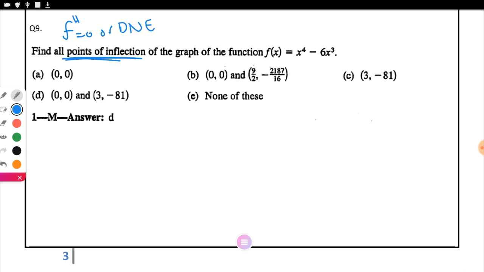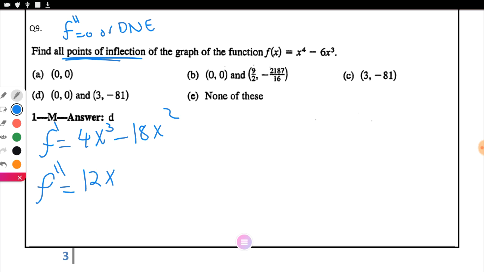Okay? So in this case, I have to find the zeros of the second derivative, and check the concavity. So I have to find the first derivative, which is 4x^3 minus 18x^2. Then find the second derivative, which is 12x^2 minus 36x.